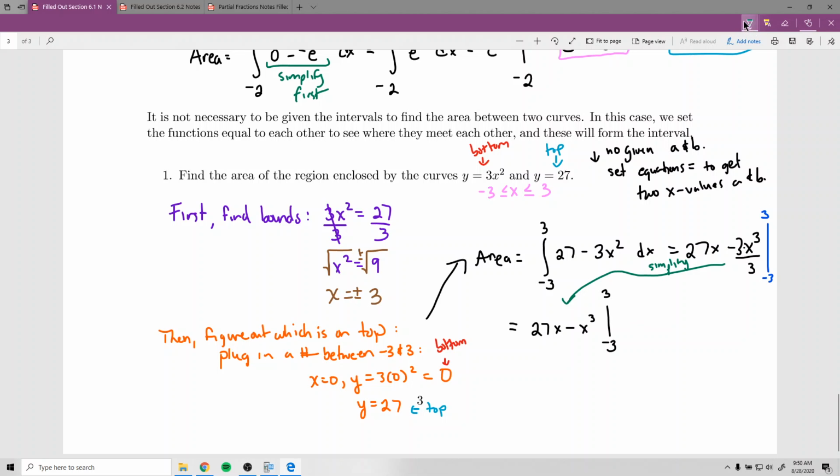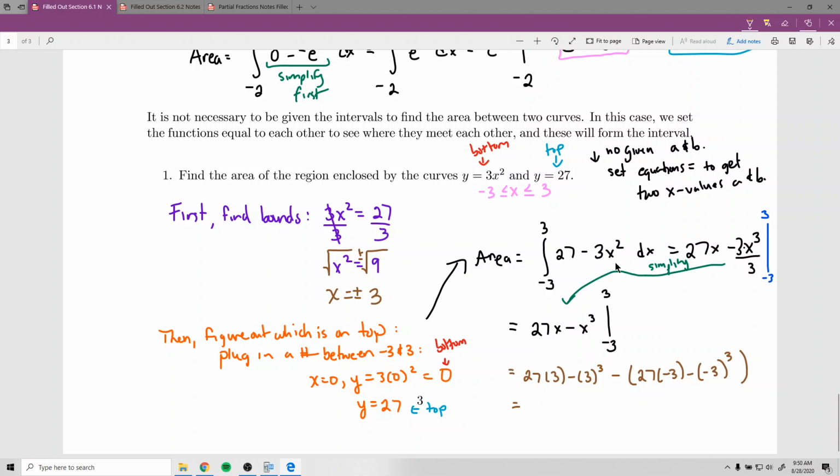And now I'm going to plug in the evaluations. So we're going to plug in 3. Subtract, and then plug in -3. And I didn't leave myself enough room. Let me write it on the line below. We got 27 times 3 minus 3 cubed minus, plug in -3, we got 27 times -3 minus -3 cubed.